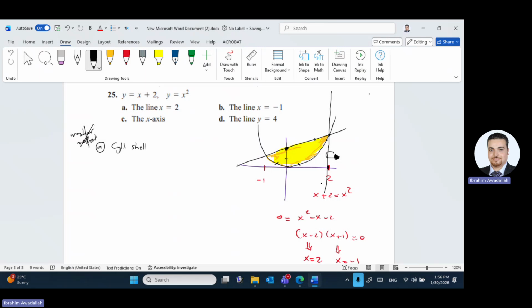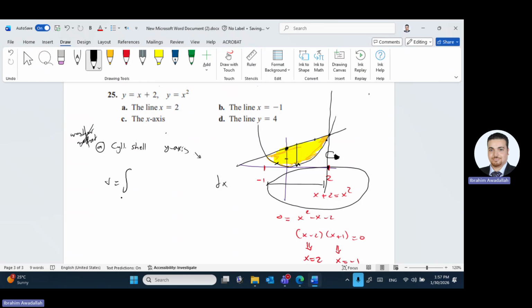This will be my radius, from here to here. When I make the revolving, this is the radius, so this will be revolved like this. And this will be my height. So we know that with the cylindrical shell method, first thing we write about is like the y-axis. That means my V will be the integration, and here dx, with cylindrical, y-axis, dx.